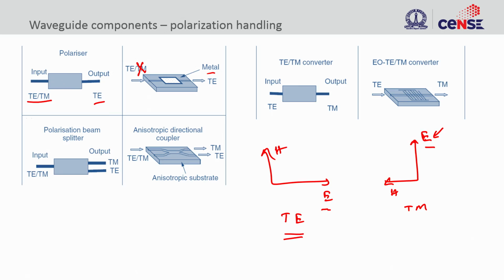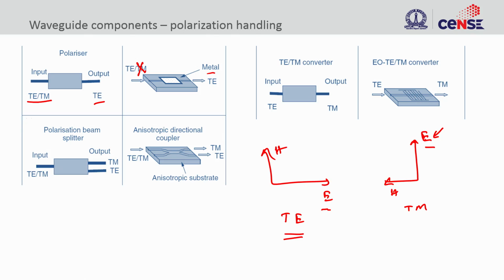So, you are losing that 50% of intensity that we had. But the information that you get from TE is the same information that is present in TM as well, but the power that was carried by TM waves is lost, right. That is not a very efficient way of doing it.